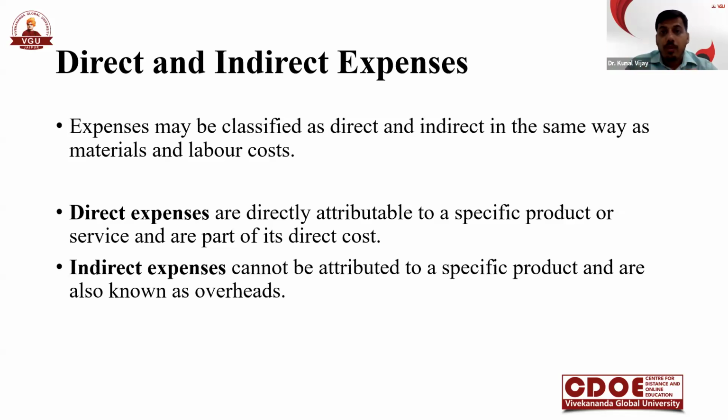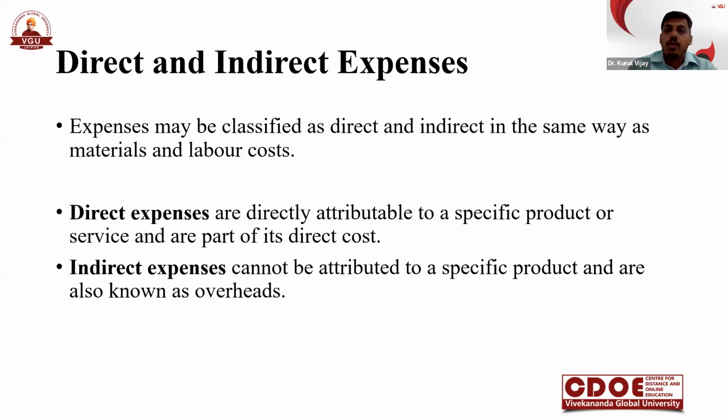Suppose you are manufacturing something in a factory, and there are water expenses and electricity expenses particularly for that factory only. These are expenses which are directly attributable to the product, because in the factory we are manufacturing the product only. We are not doing anything else. That is why these expenses are known as direct expenses, because they are directly related with the product.